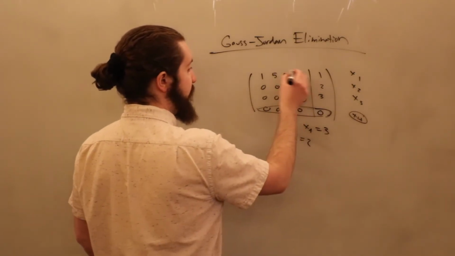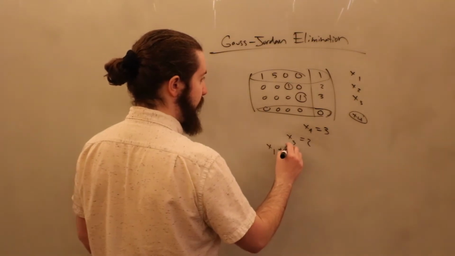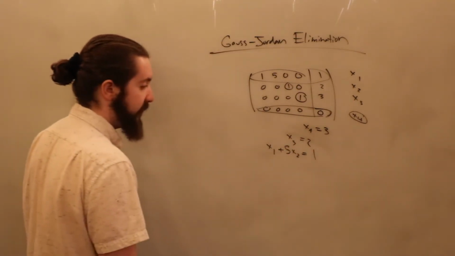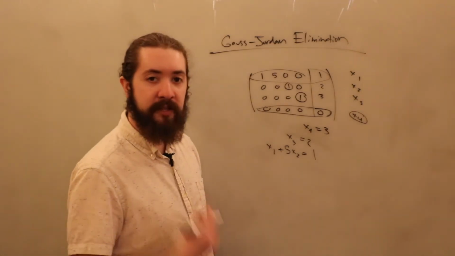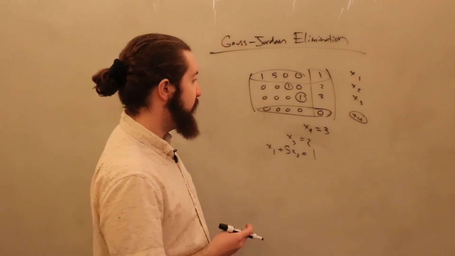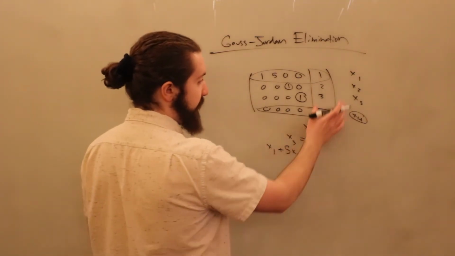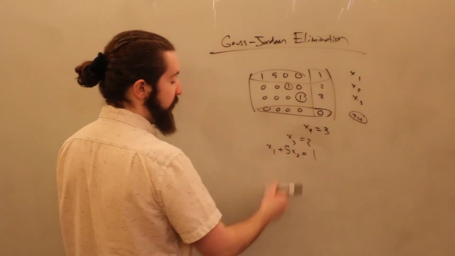And what about this row? Well, it's going to tell us that x1 plus 5x2 is equal to 1. You might think, oh, we need to do some substitution to simplify this further. Well, the problem is there is no information to substitute in there. We don't have a specific value for x2 or x1. All we have is a relationship between them.